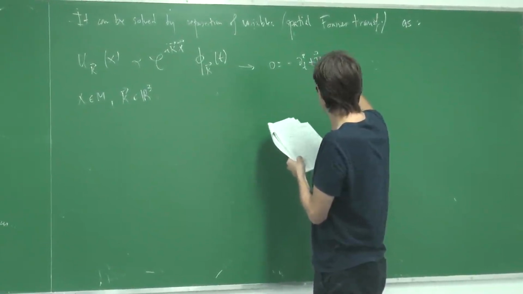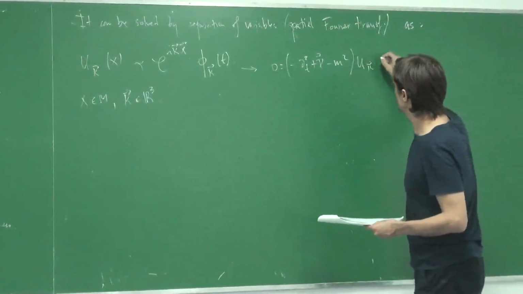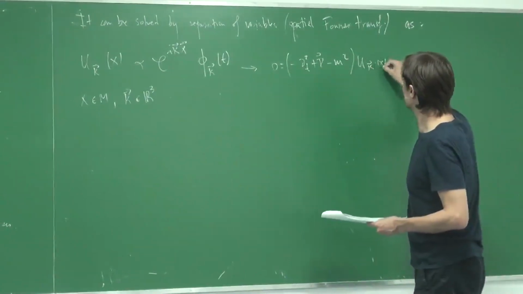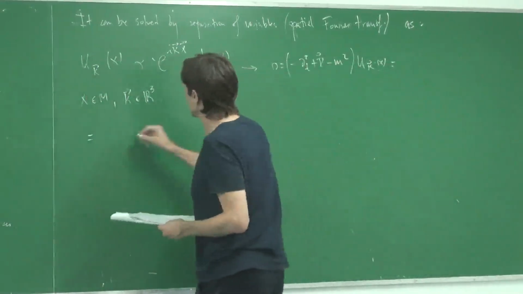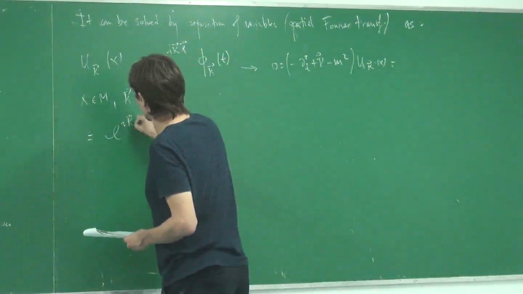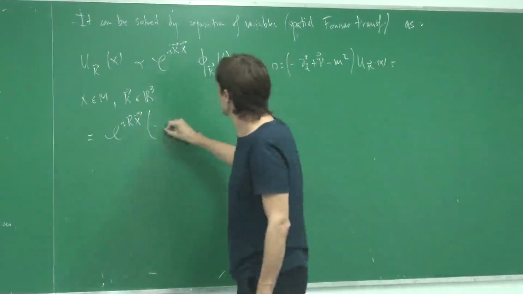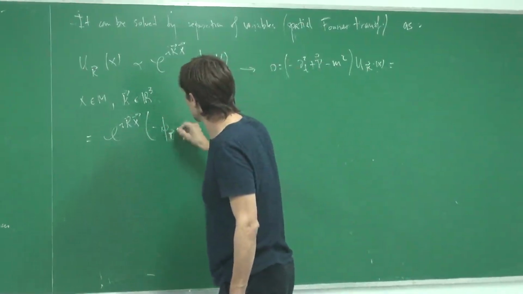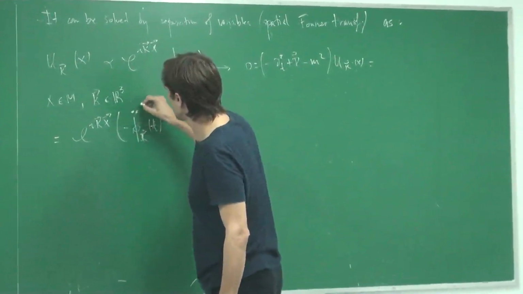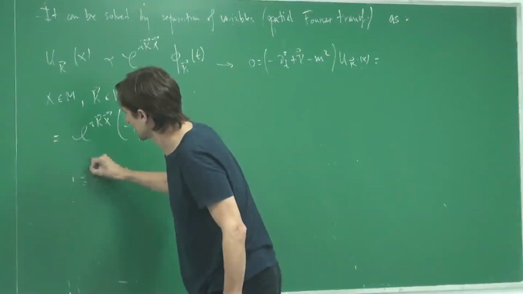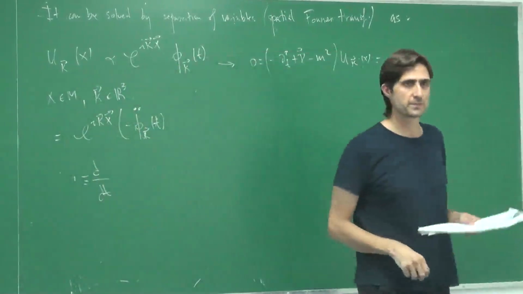so we apply the Klein-Gordon operator onto u_k. From the second time derivative, that's just minus the second derivative of phi(x,t), where a dot denotes derivative with respect to time.